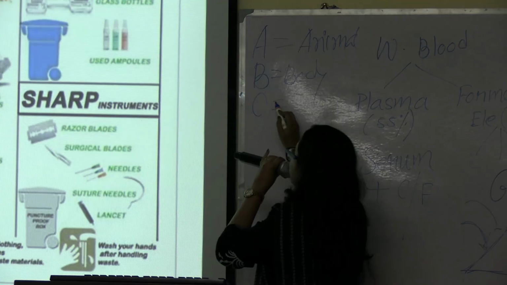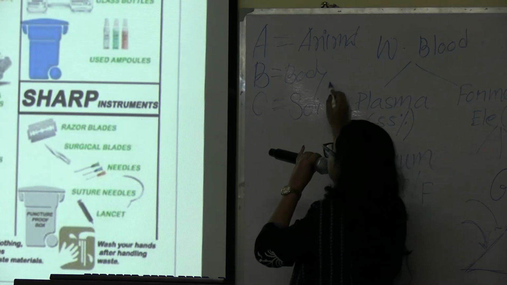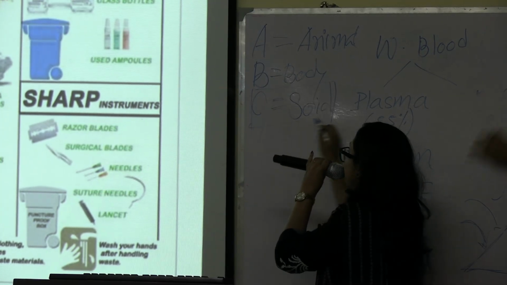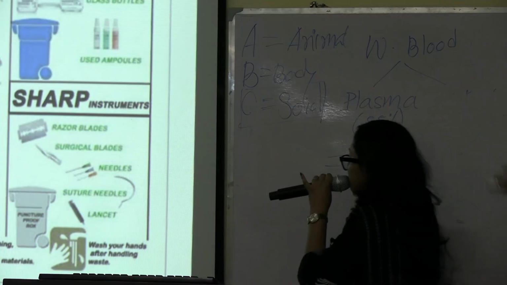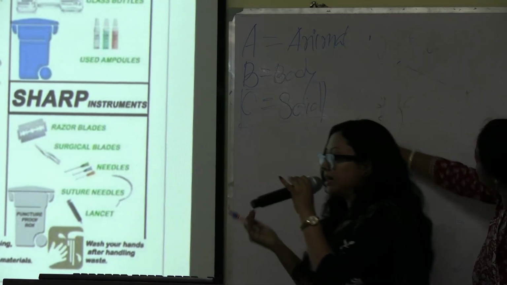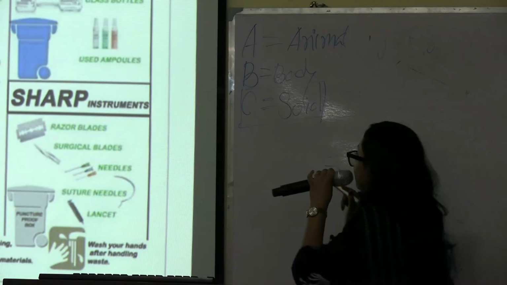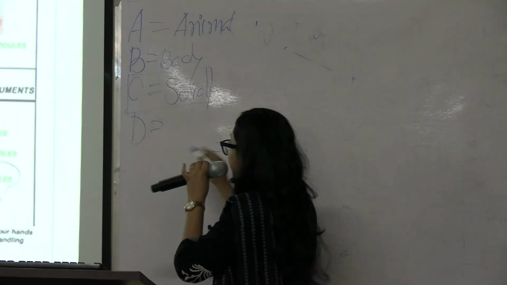C, you do some cheating here and make it S, which is soil. This is the takeaway from this slide: C is soil. That means anything soiled with blood, pus or sputum will go to that yellow bucket. D is for discarded or expired medicine.